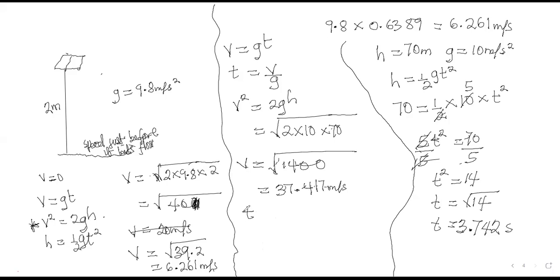Therefore, t will be equal to 37.417 divided by 10, which will be 3.7417 seconds.